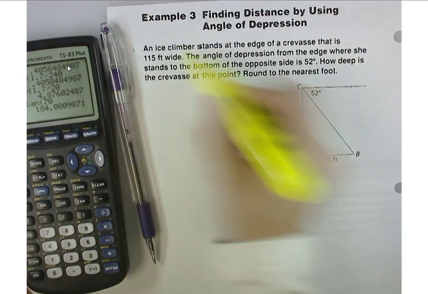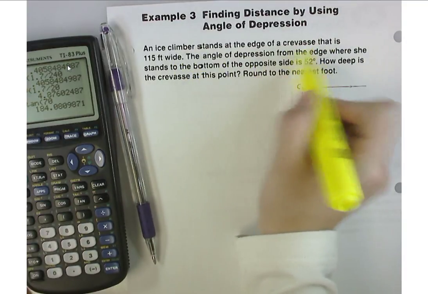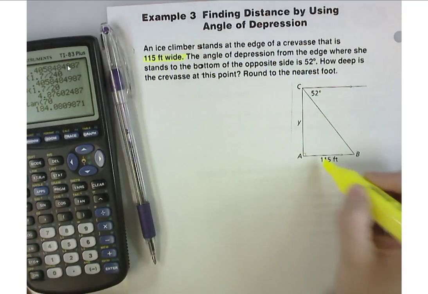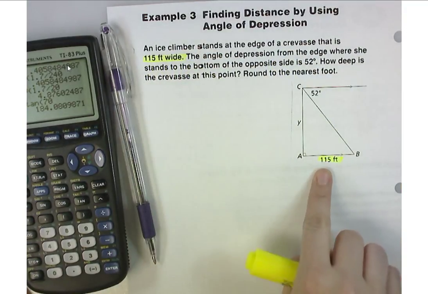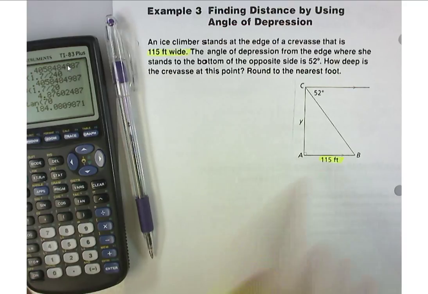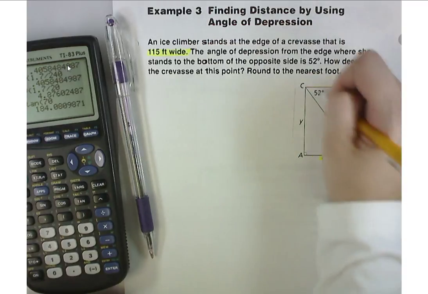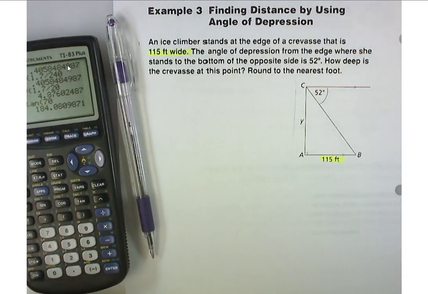Okay, so you have an ice climber that stands at the edge of a crevice that is 115 feet wide. Again, this is nice because this is labeled on your picture for you. The angle of depression from the edge where she stands to the bottom of the opposite side is 52 degrees.